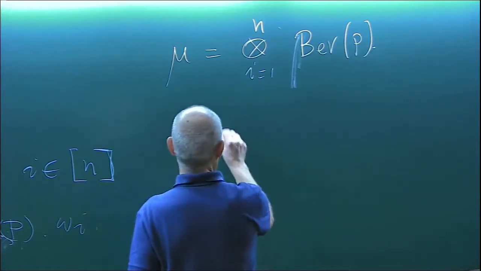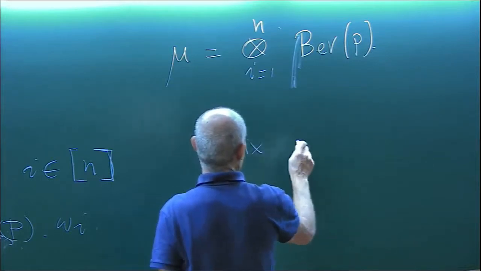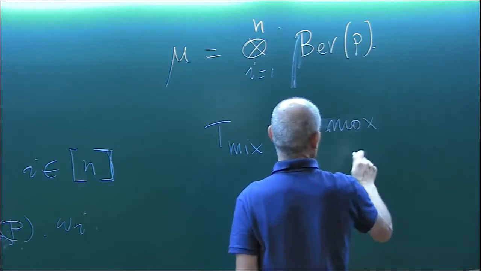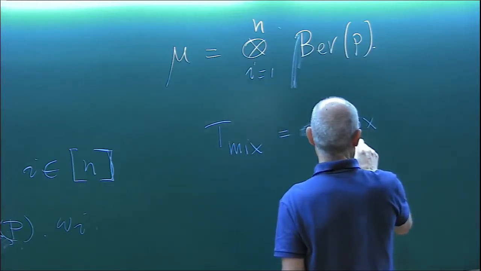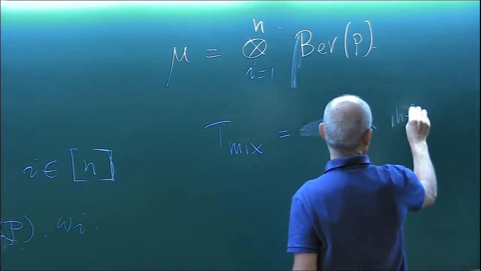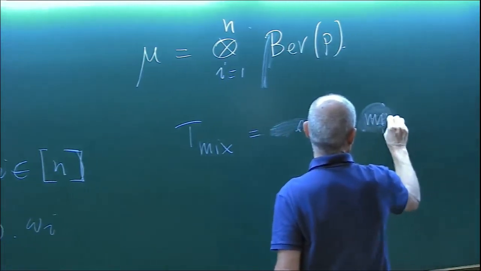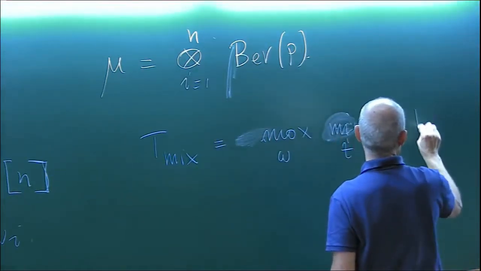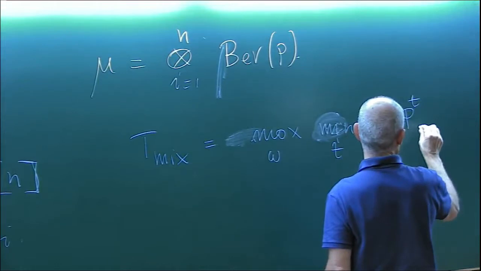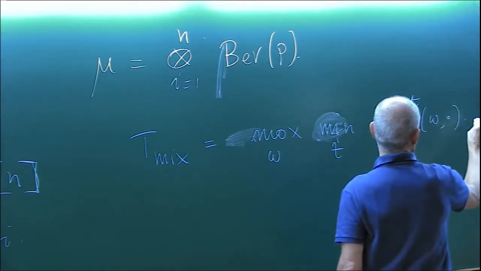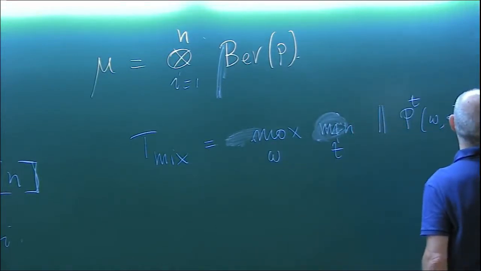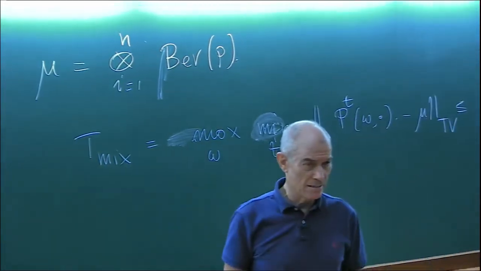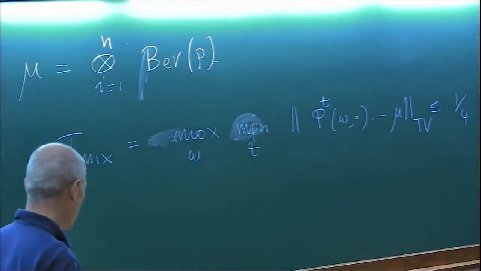So T_mix is the max over omega of the min t such that the total variation distance between the distribution starting from omega and mu is less than, conventionally, 1/4. That's the mixing time.